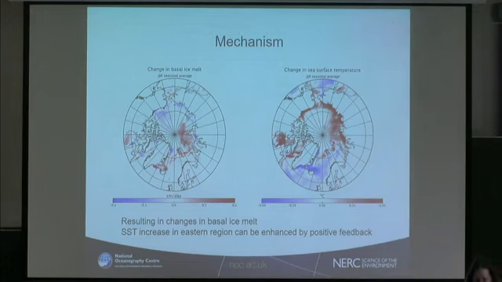So what happens then is that there are changes in basal melt of the sea ice, either decreasing in the Beaufort Sea region and increasing in the Eastern Arctic region. So that will change our sea ice thicknesses.